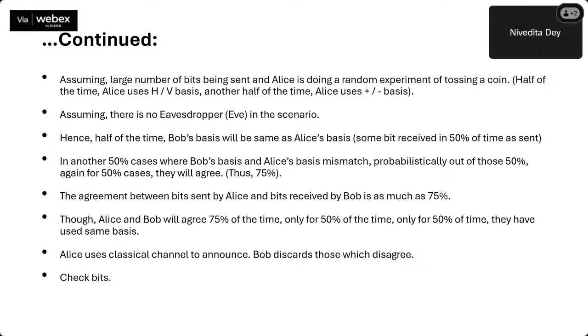First of all, the information that is being passed, or put in public, by Alice is some sort of checking. For checking, I am telling. Just like a game theory, where you have to assume who I am. Say, I'm telling that, okay, I generally prefer rice over roti. I generally prefer the color red over green.